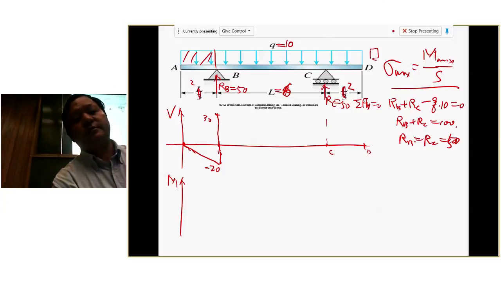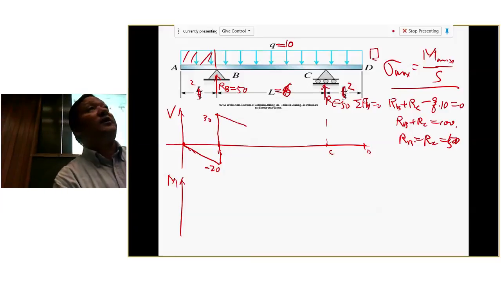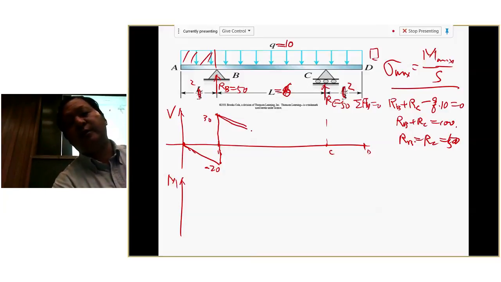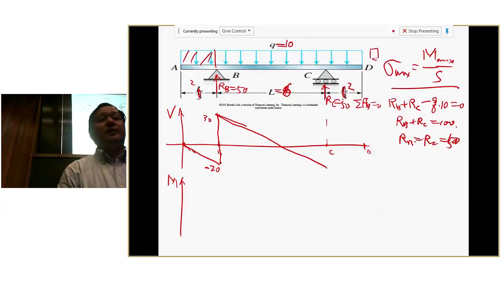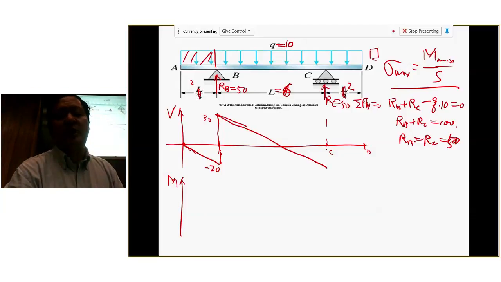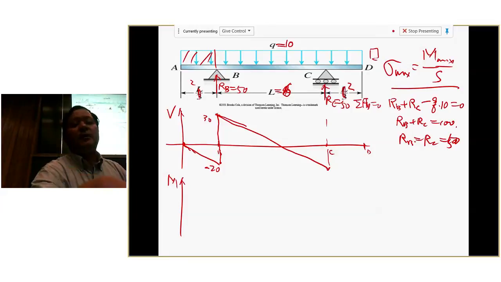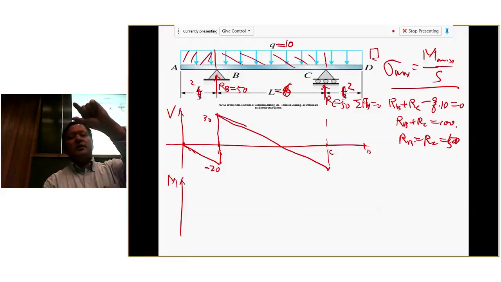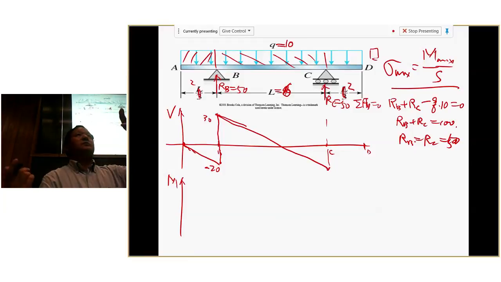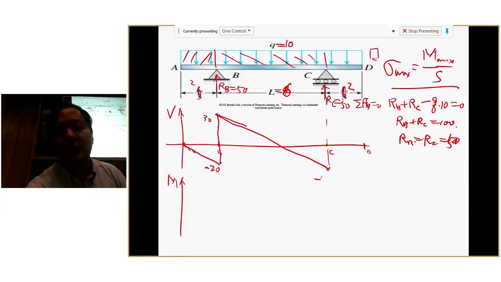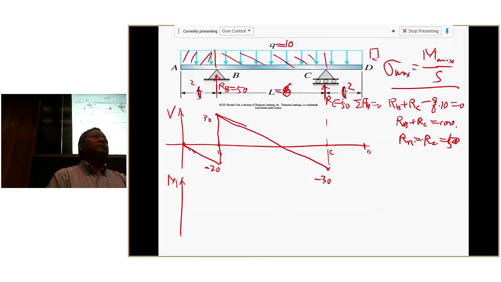Q constant, so this will be a sloped line going down. Now from point B to point C, how much do I need to go down? That will be this area, right? How much is this area? 10 times 6, 60. So here should be negative 30, because I'm going down 60.